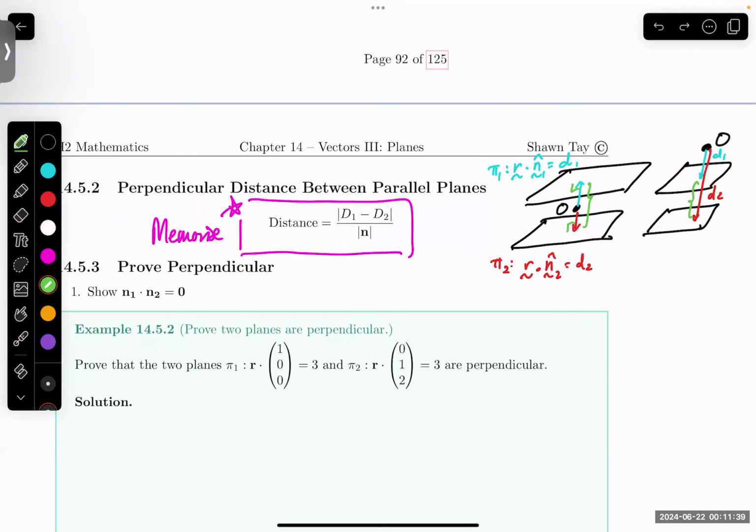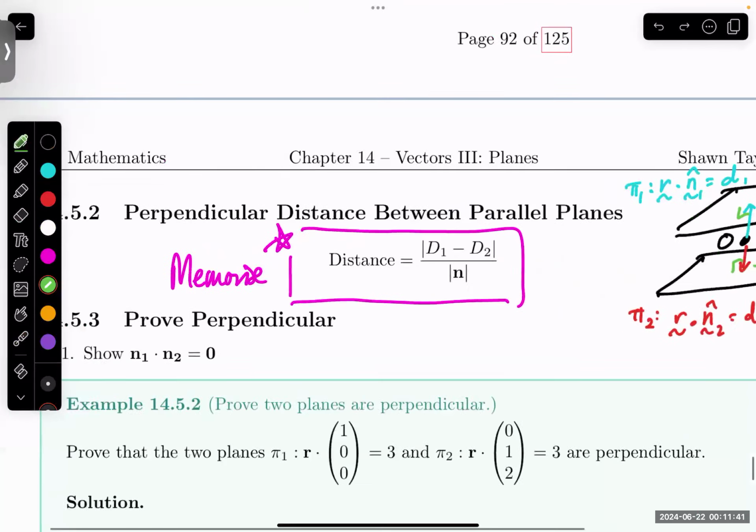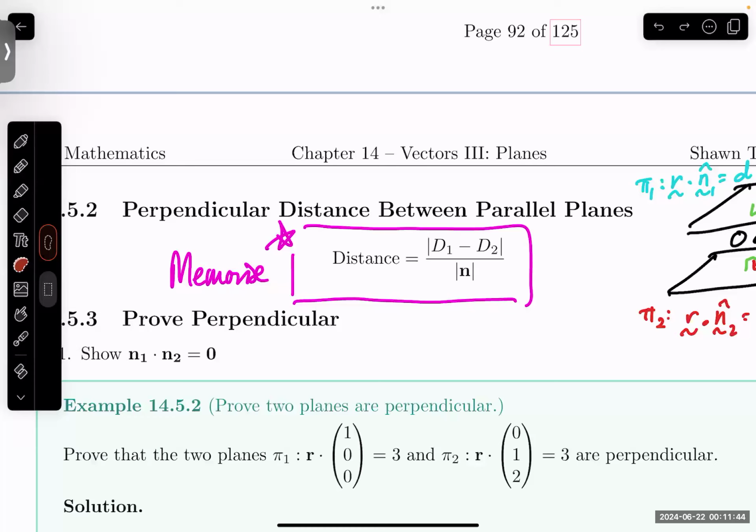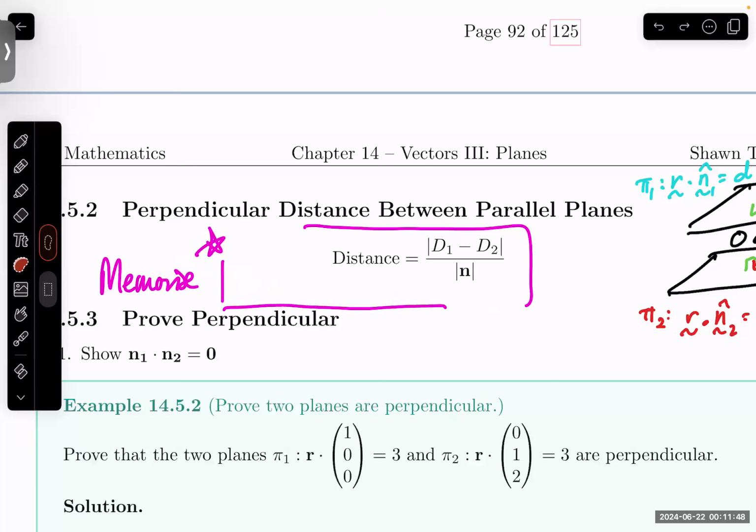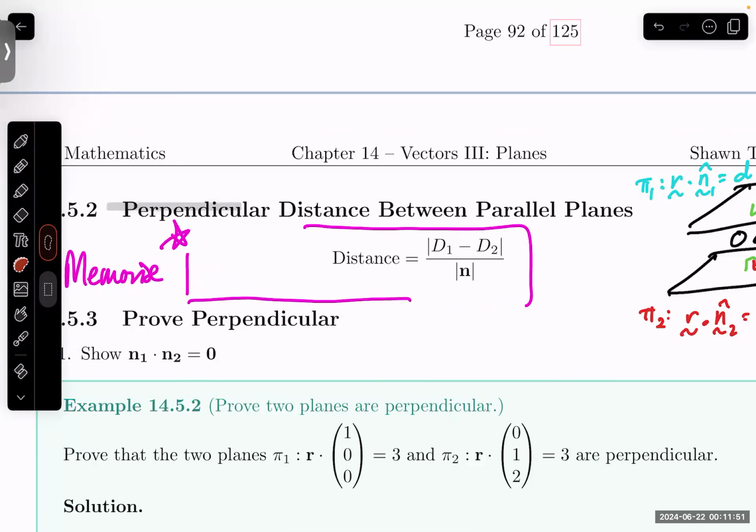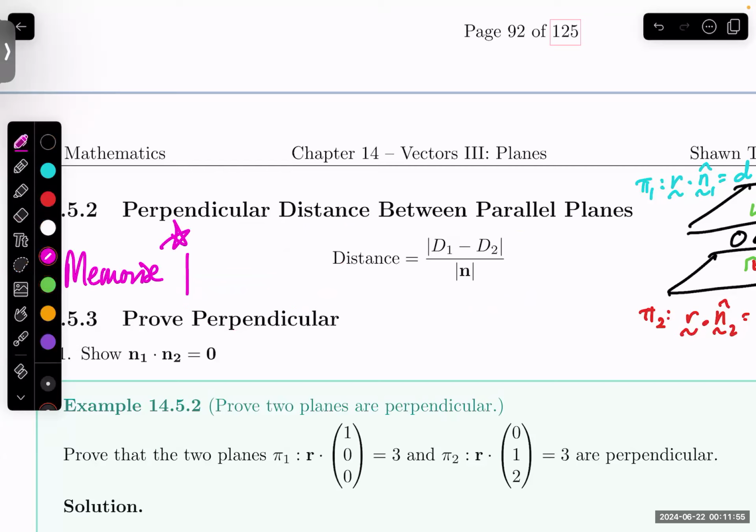Let me just add, sorry, because I need to clarify what d1 and d2 are. pi1 is this, equals d1. pi2 equals this.